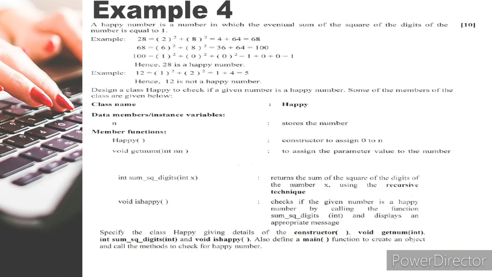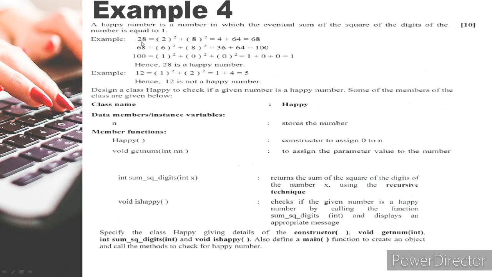Another one, example 4, which explains the happy number. Happy number means 28 is an example of a happy number. If we separate the digits and square them, and if we add them continuously, one time we will reach 1.